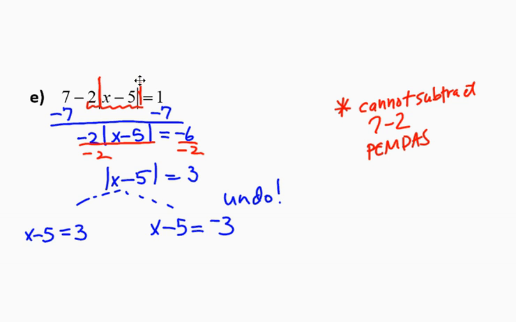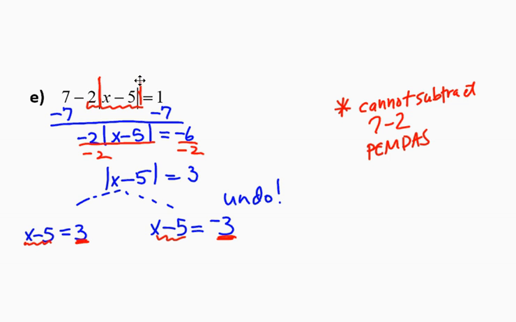Now I want you to take note on all these examples. Notice that I did not change the inside at all. It's exactly the same. There's no sign change there. So the x minus 5, what's inside, stays the same. What changes is that my distance could either be 3 to the right or it can be 3 to the left. So positive 3 or negative 3.